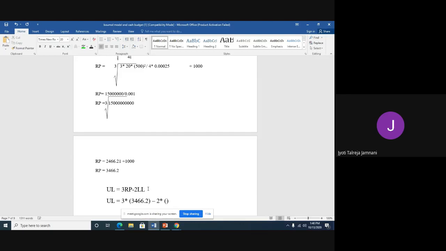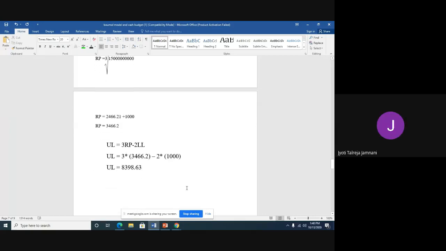How much was the lower limit? 1000 rupees. Find out what upper limit you're getting. 8398.63. This is the upper limit for your problem.